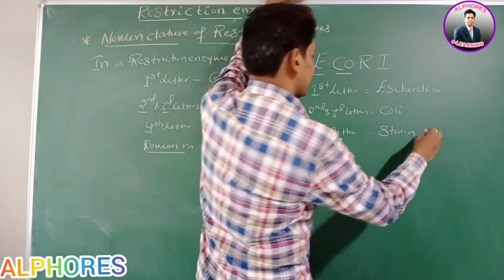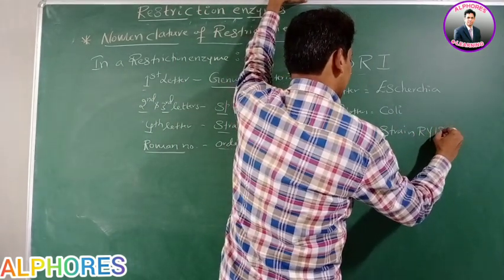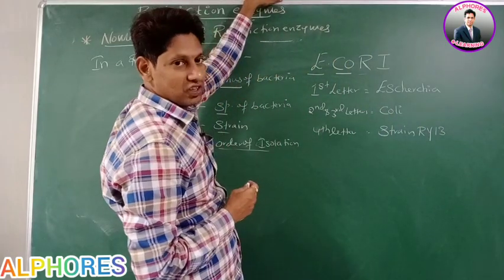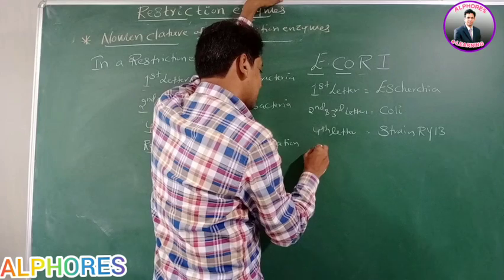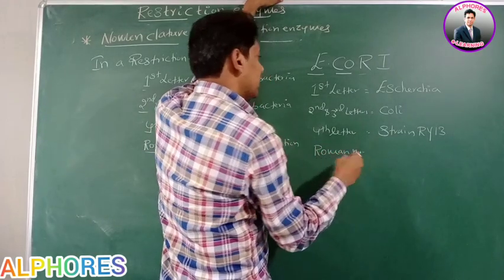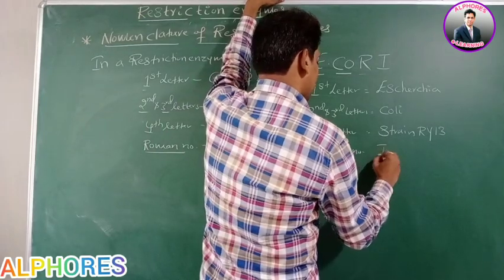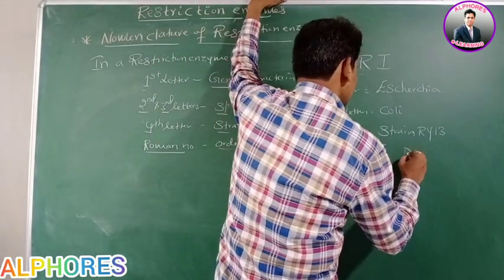What is the strain here? The strain is RY13. Whereas the Roman number, here Roman 1, indicates the order of isolation.